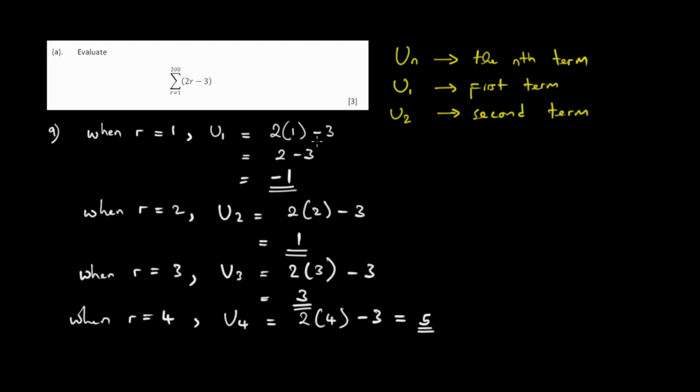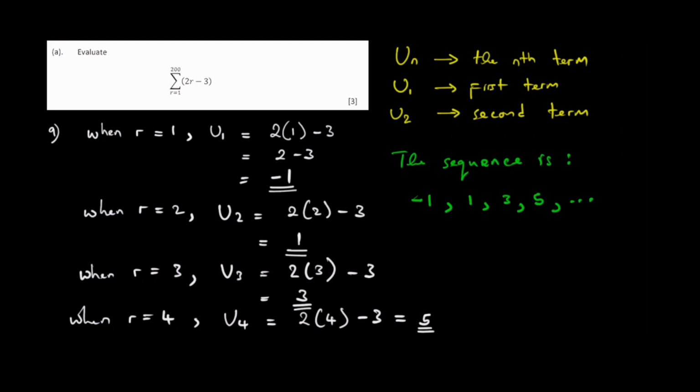So now we can write this down. Let me write it here using a different color. The sequence is: our first term minus 1, our second term 1, then 3, then 5, and so forth.